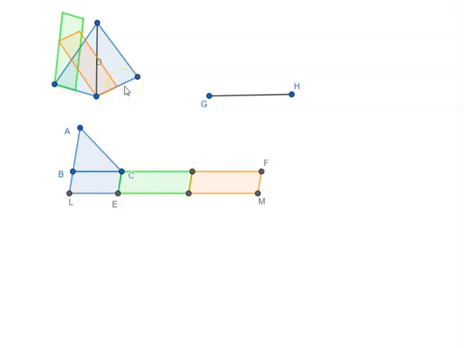Now what? Now we copy the angles CBA at G and ACB at H, and we draw it. So here the area of D is 20.23.